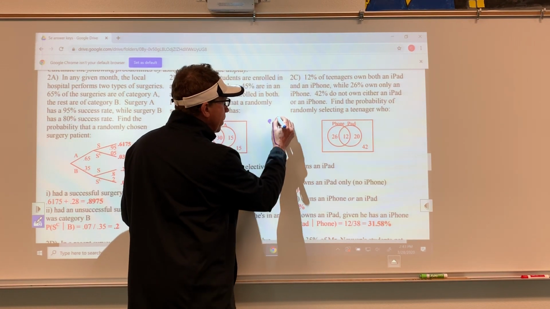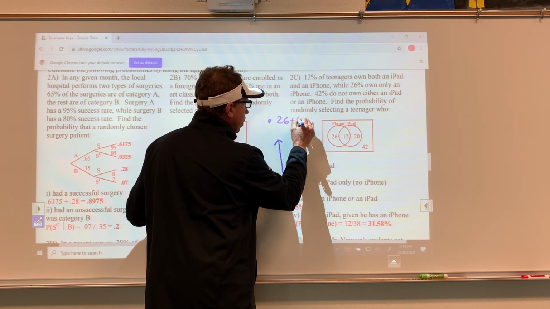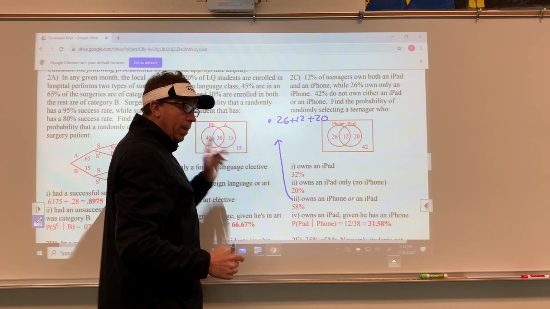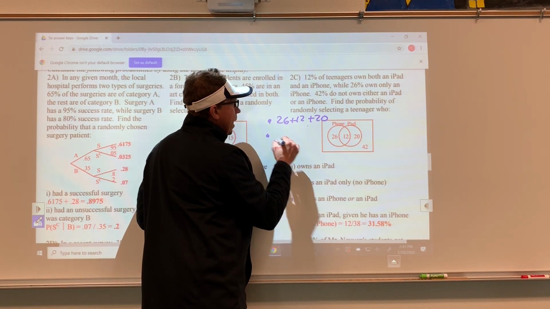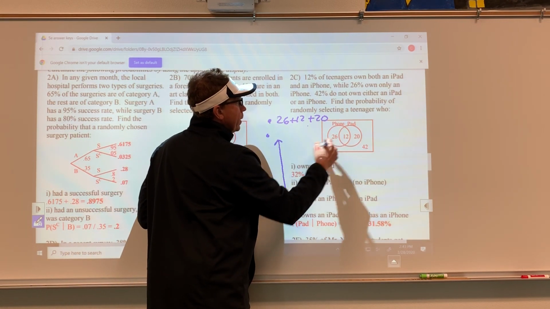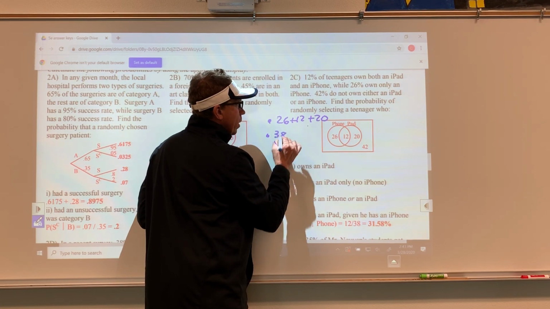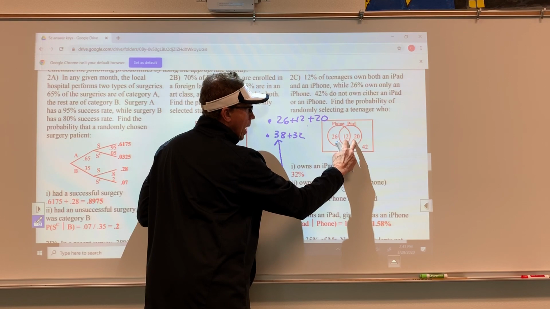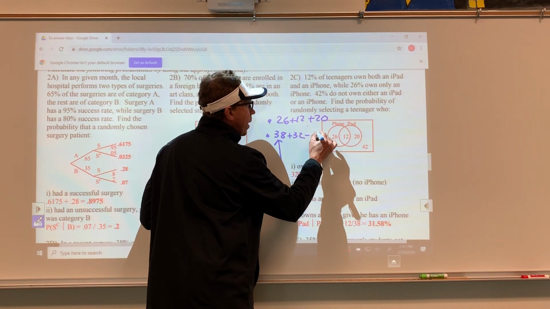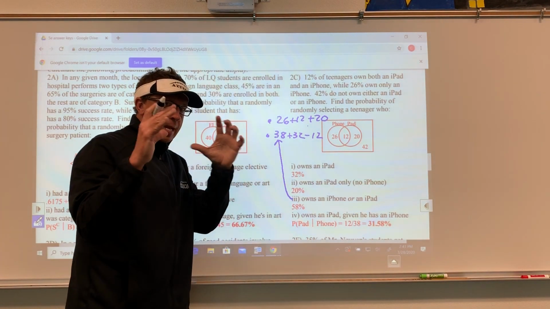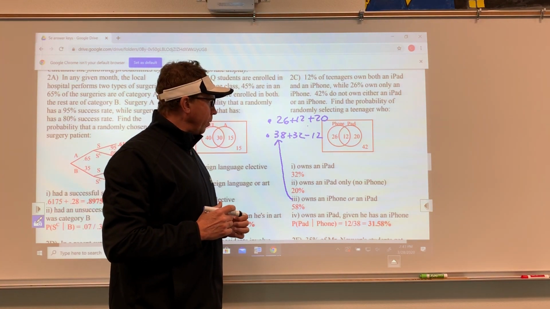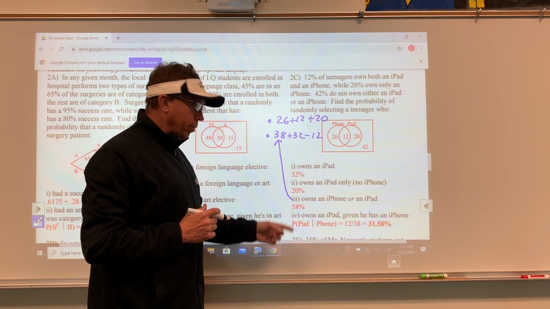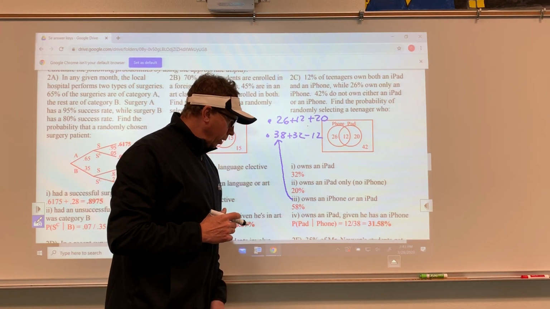The first way would be to go 26 plus 12 plus 20, and that makes 58. The other way is to say 38% own an iPhone, 32% own an iPad, but I got to subtract out the overlap or the intersection, which is 12%. That will also make 58% when you're done. Okay, so there's two ways to do that.